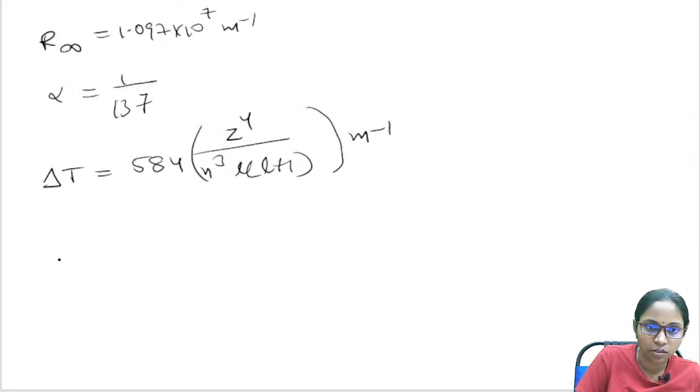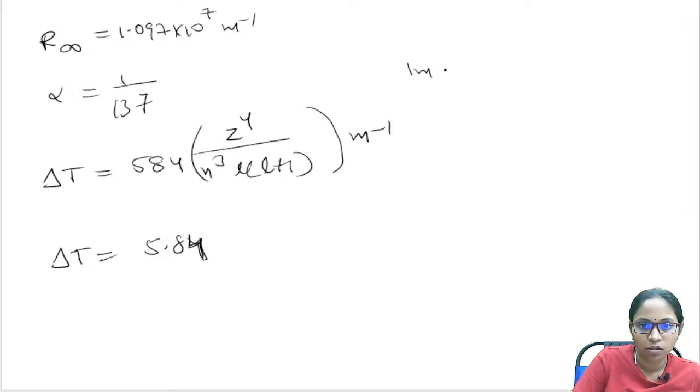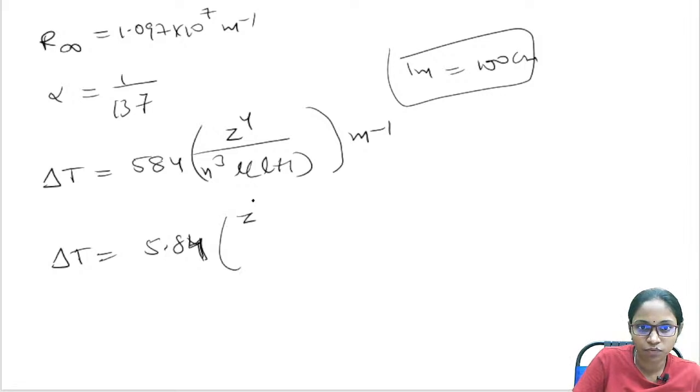If you write in centimeters, this will be 5.84, since 1 meter is equal to 100 centimeters.